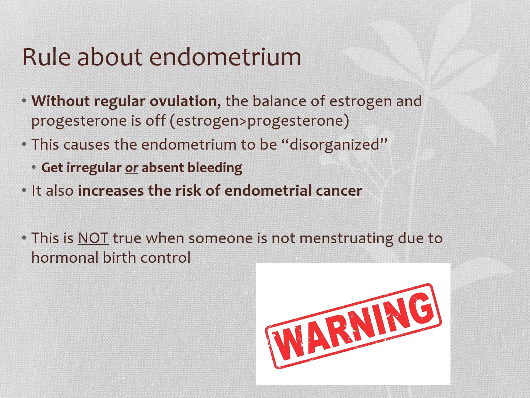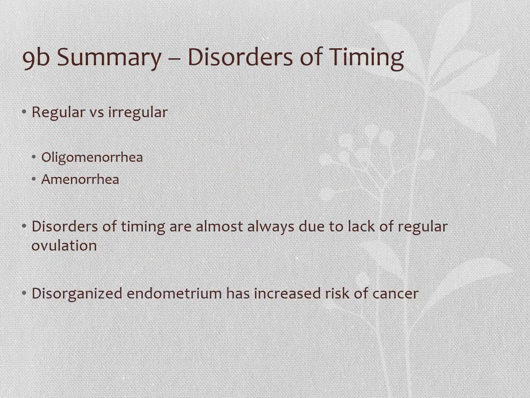So when we're doing that to somebody with hormonal birth control, they are not at increased risk of endometrial cancer. In fact, they are at decreased risk. But if somebody on their own is not having regular periods, then something's wrong, because something isn't working the way it typically should. And they are at increased risk over time of endometrial cancer.